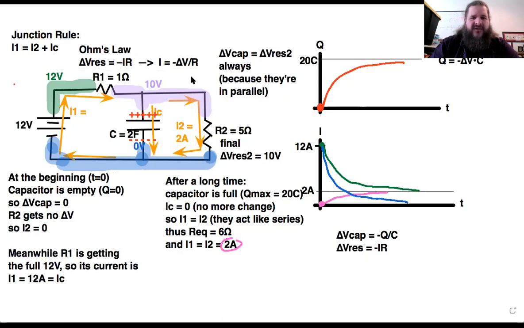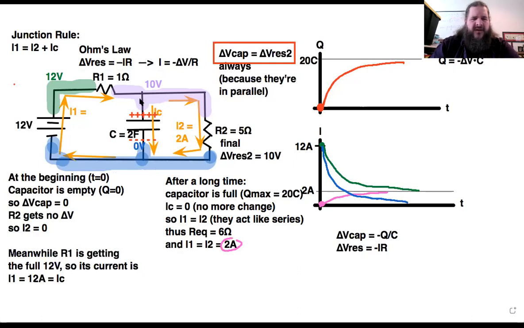The fact that the capacitor and the resistor are in parallel with each other tells us that they have to have the same voltage drop, because they both start at the same high voltage and they both end at the same low voltage. Okay, thank you. But you're saying with the series circuit or something, that would not be the case. Right.